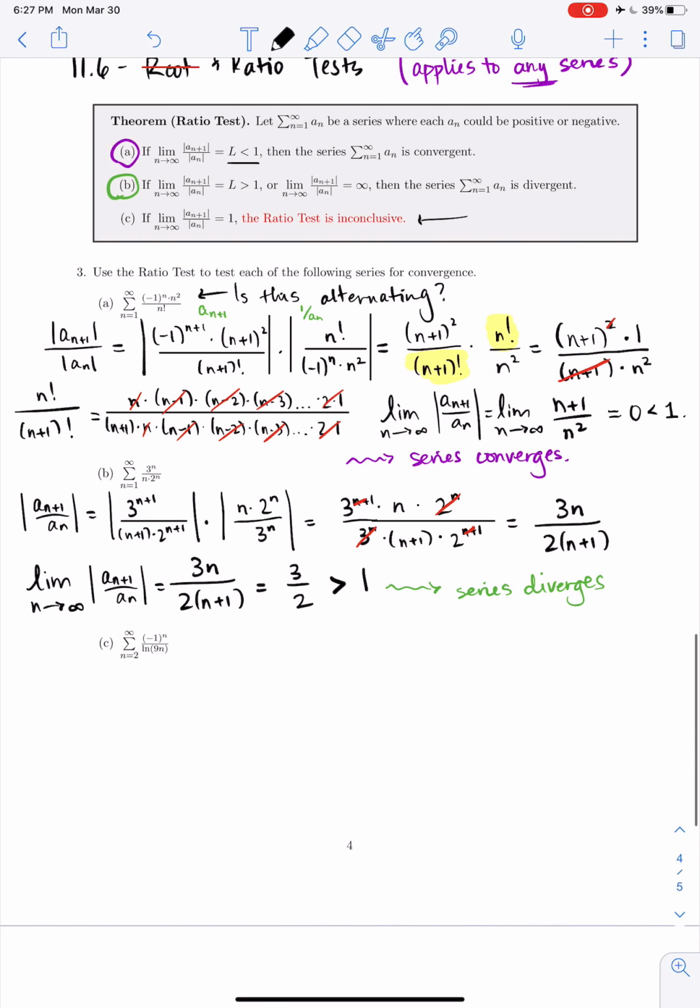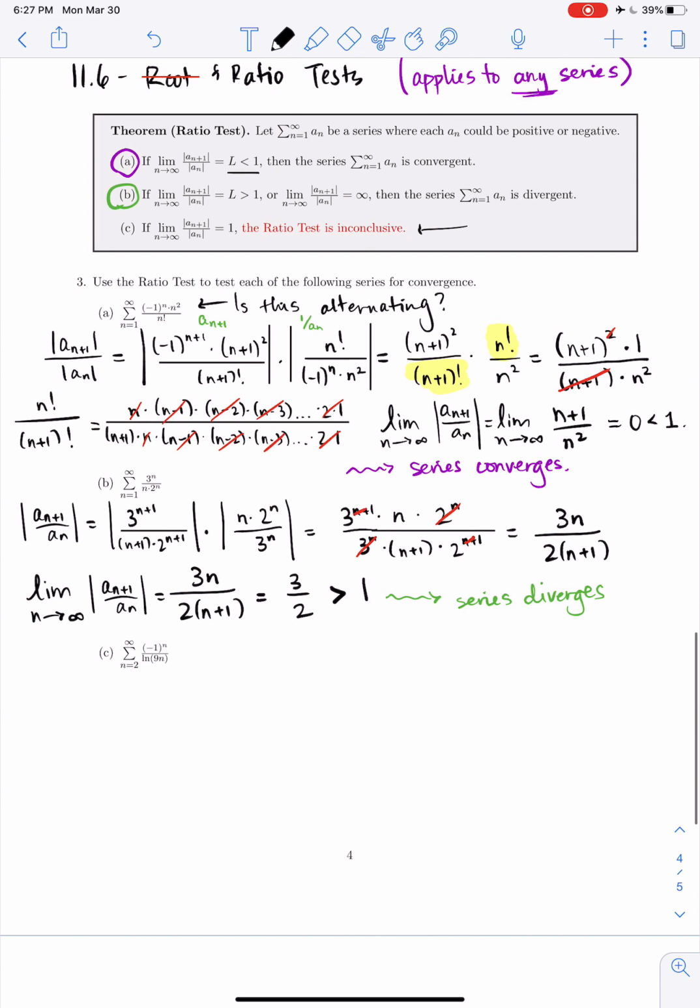Last but not least, oh, by the way, I meant to kind of be kind here. So this exercise is like number 7. If you're in Dr. Ismert's section, that's me, that's your number 7 on the 11.6 homework.